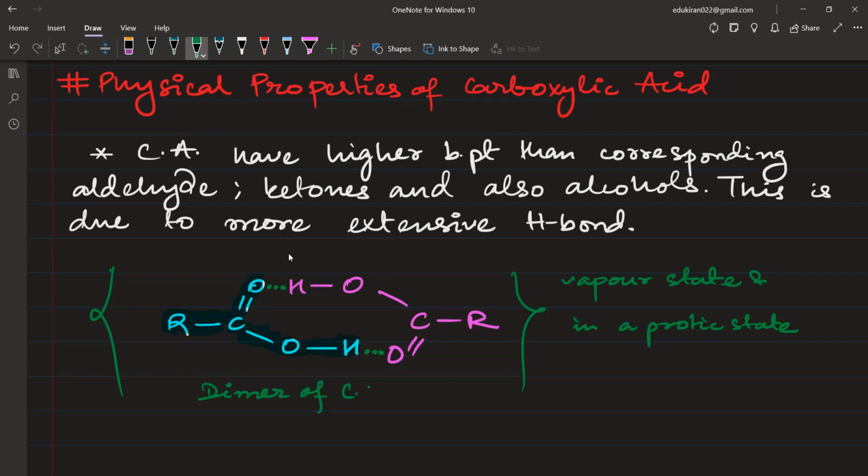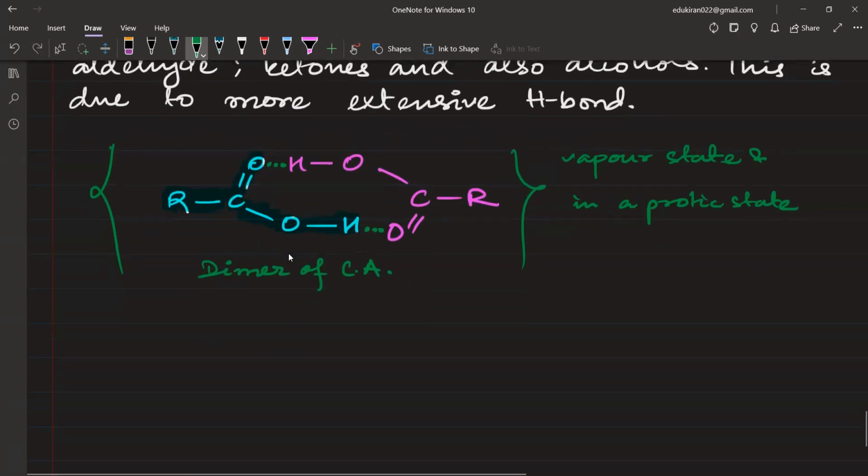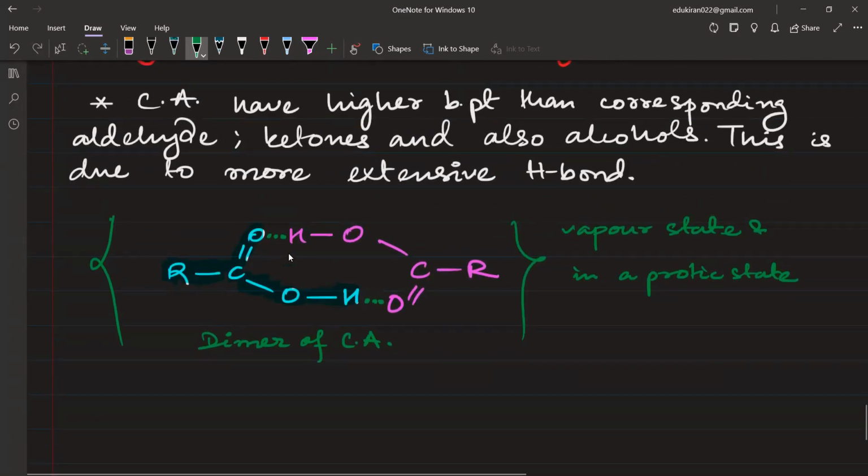Dimer of carboxylic acid. So what you will write is this structure, and then you will see that in vapor state carboxylic acid exists as a dimer.